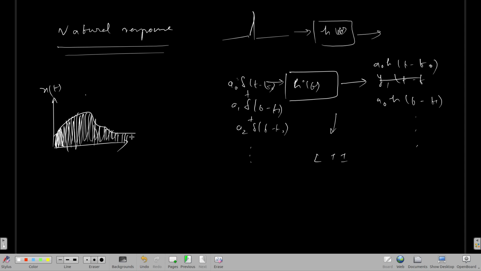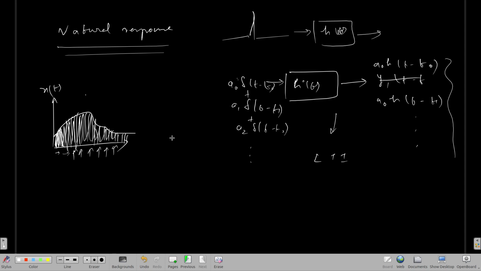I am finding that by applying an impulse which is weighted and shifted corresponding to the value of x of t at that point in time, depending on what t is, t0, t1, etc. That is, I am getting an output of the system for each impulse corresponding to each point of the input. Then what am I doing? I am adding them up.